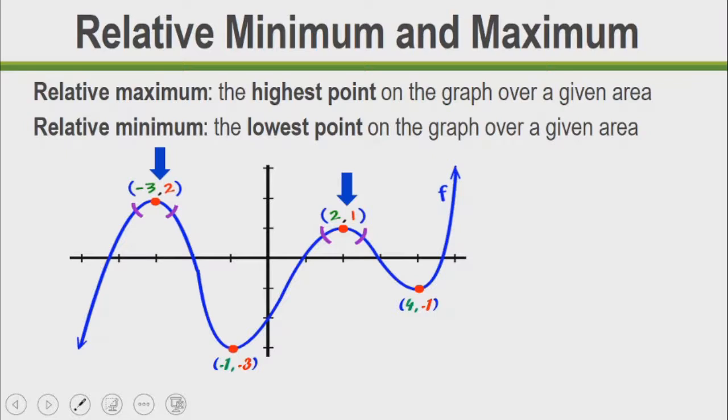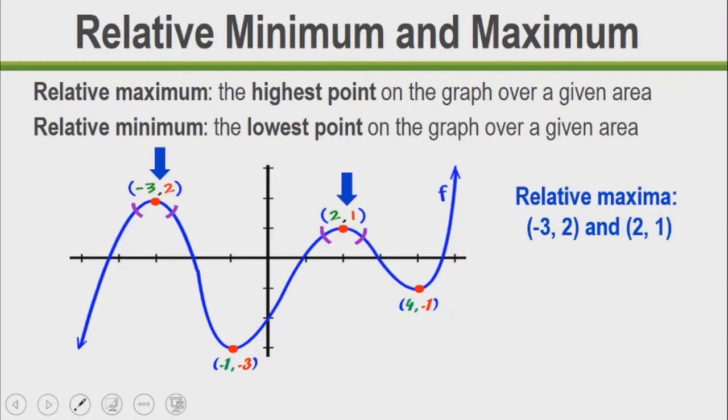If I ask you, over the interval of, let's say, x equals -5 to x equals -1, what is the maximum point? Of course, it's going to be this point, (-3, 2). So that point, (-3, 2), is a relative maximum. We can write that the relative maxima are this (-3, 2) and this (2, 1).